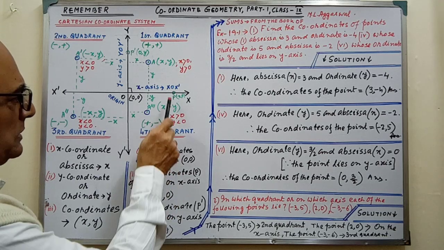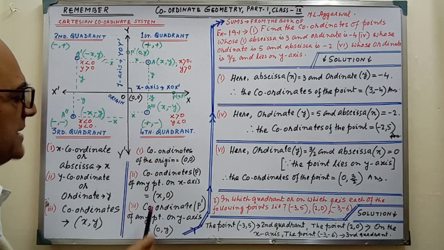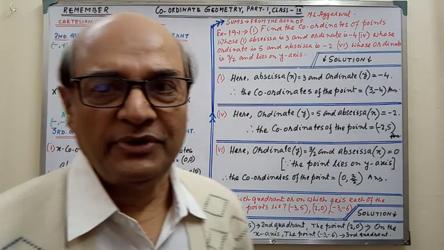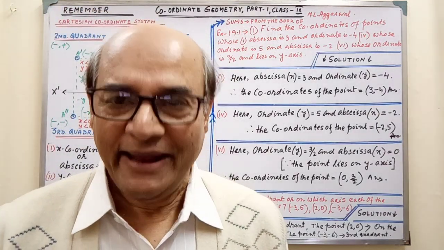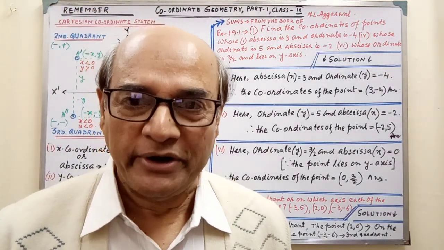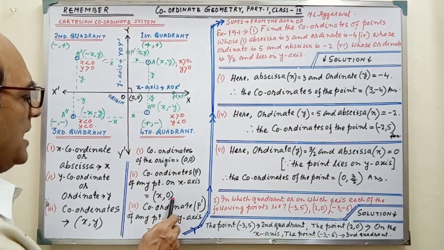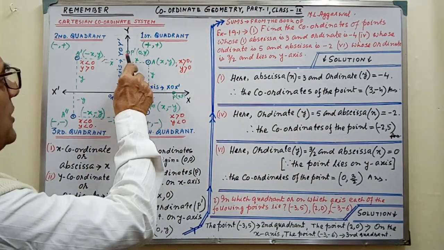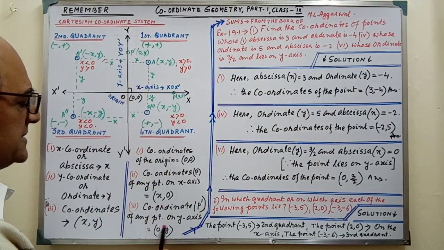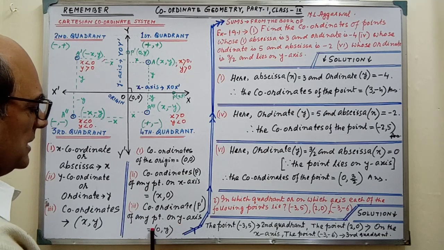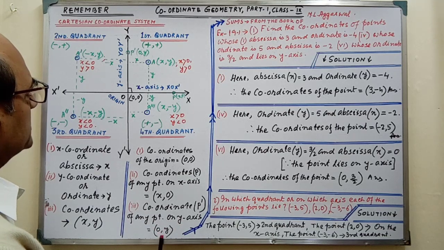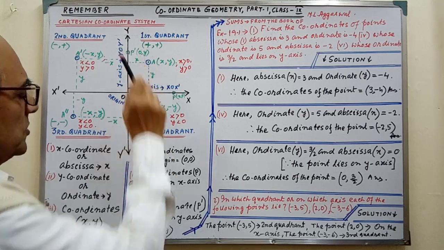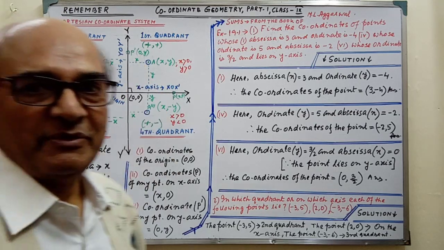Coordinates of a point P on the x axis are x, 0. If any point lies on the x axis, that means ordinate will be 0. And if any point lies on the y axis, that means x coordinate will be 0. That you have to remember.